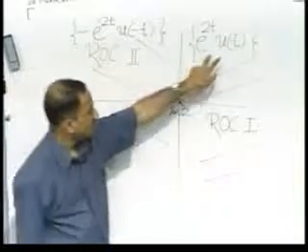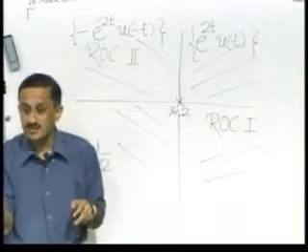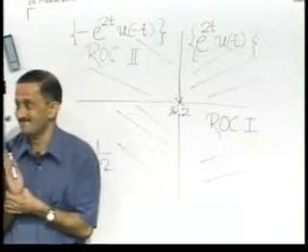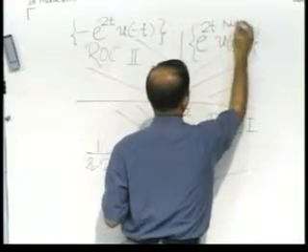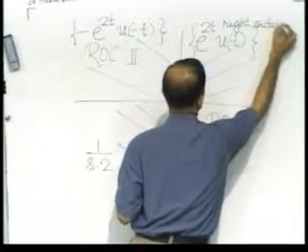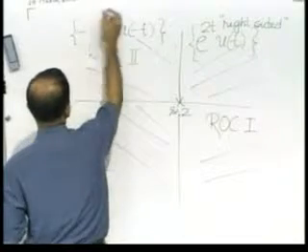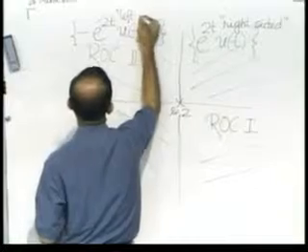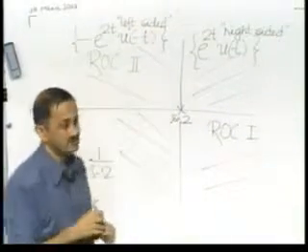So, I might call this function right-sided. What is a right-sided function? A function which is non-zero to the right of some point. So, I call this function right-sided. And I call this function left-sided, because it is non-zero to the left of some point.